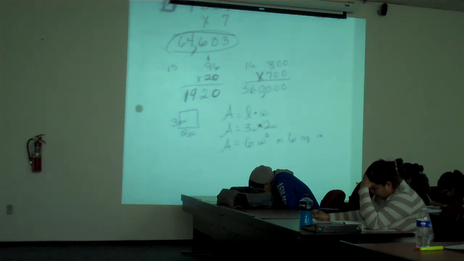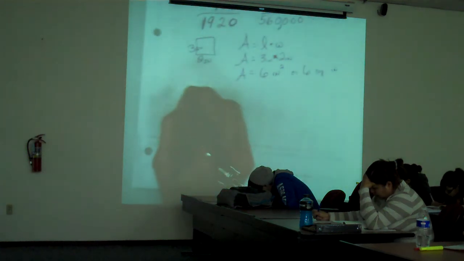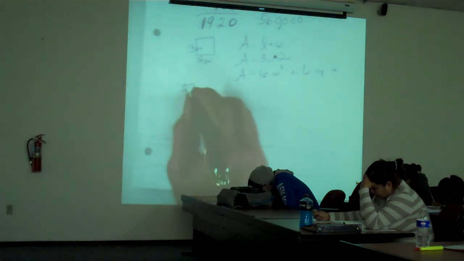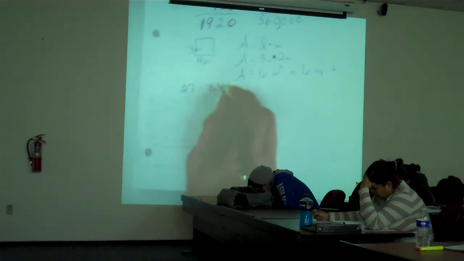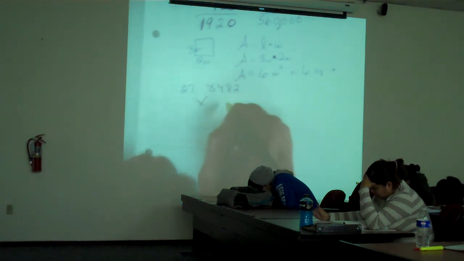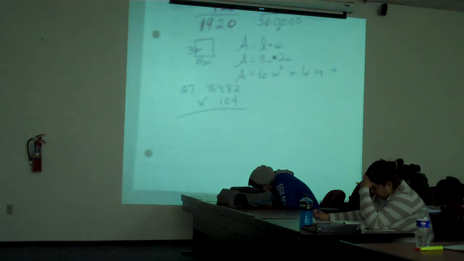Maybe we'll do one that has 4 numbers times 3 numbers. Like number 27. 3,482 times 104. Okay, the first thing you'll do is 4 times all the numbers.